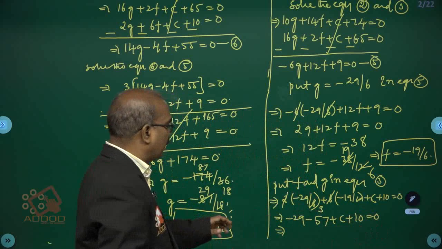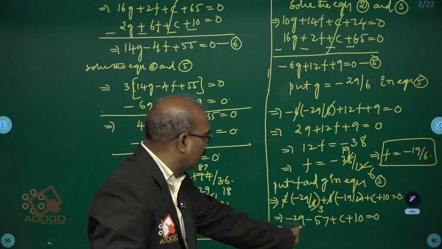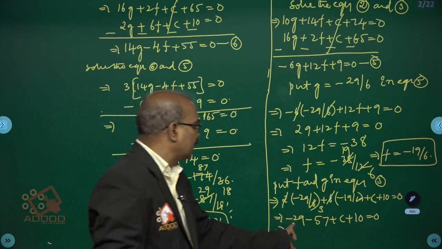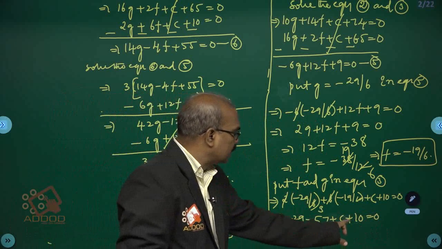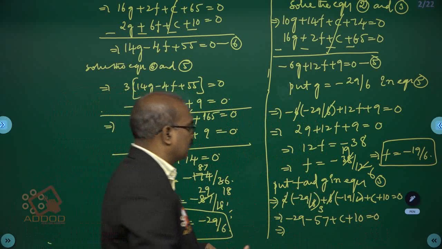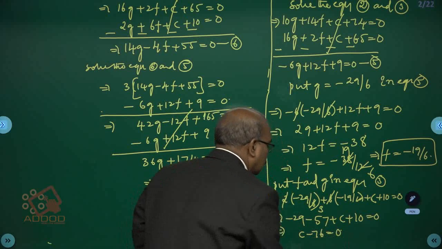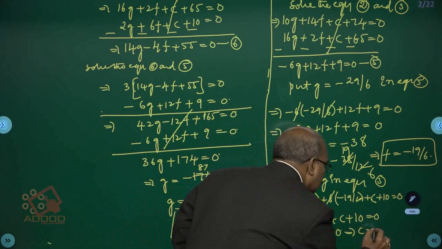So for totally what happened here? -29 -57 is -86, plus 10 is -76. So C - 76 is equal to 0. So that is C is equal to 76.